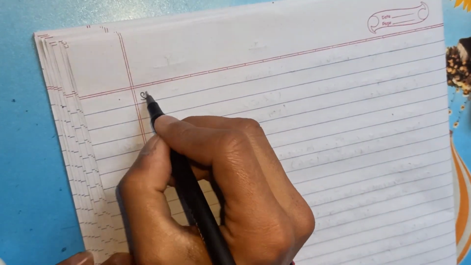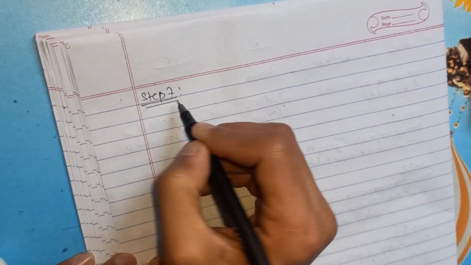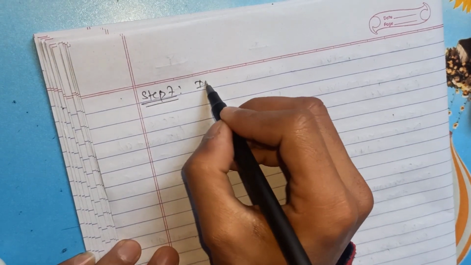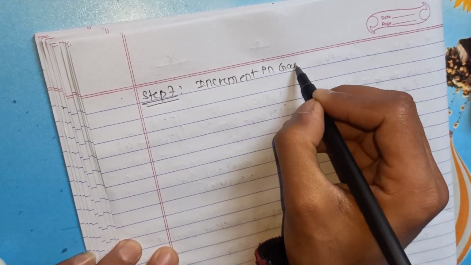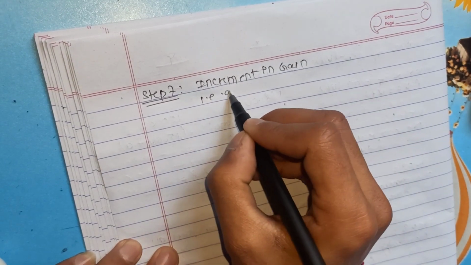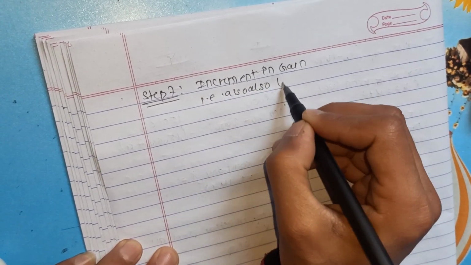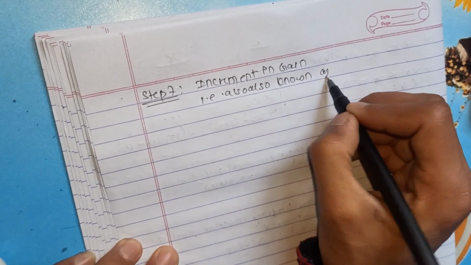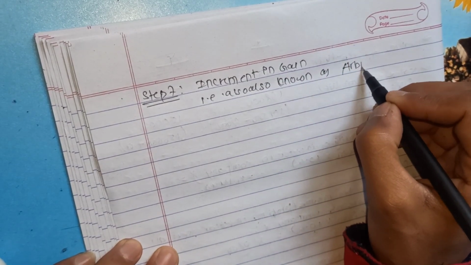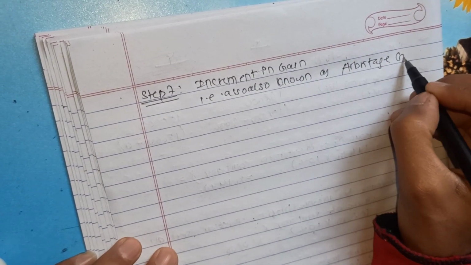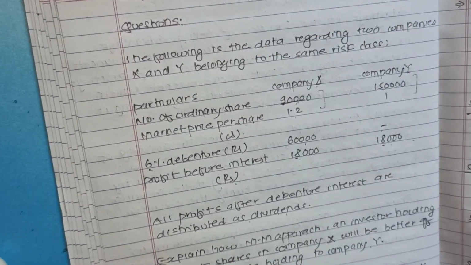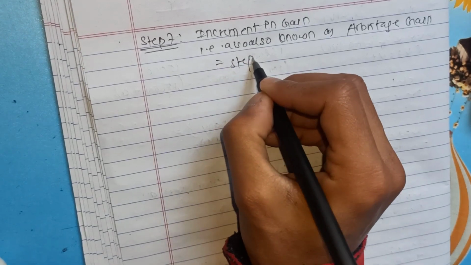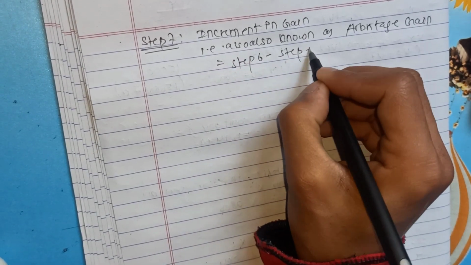Now in step 7, increment in gain, that is also known as arbitrage gain. That is step 6 minus step 1.